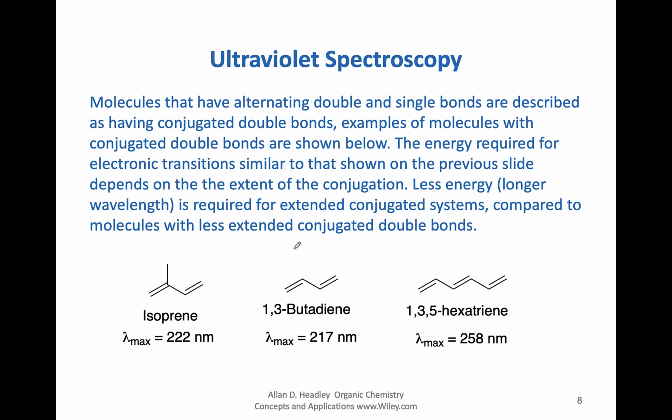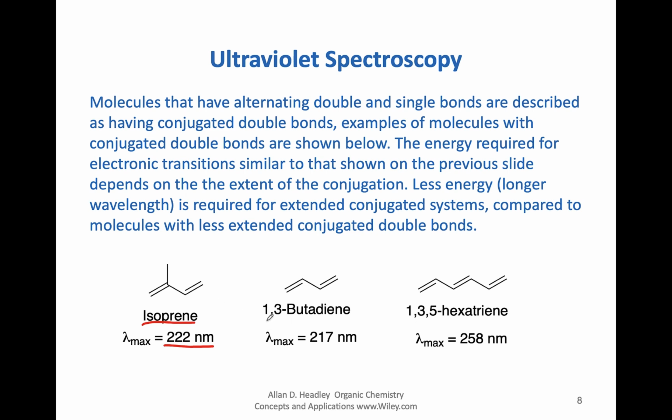So let us look here at some other systems. So here is isoprene. It has a lambda, or wavelength, of 222 nanometers. That's the energy required for excitation, for the pi electron to go from the HOMO into the LUMO.